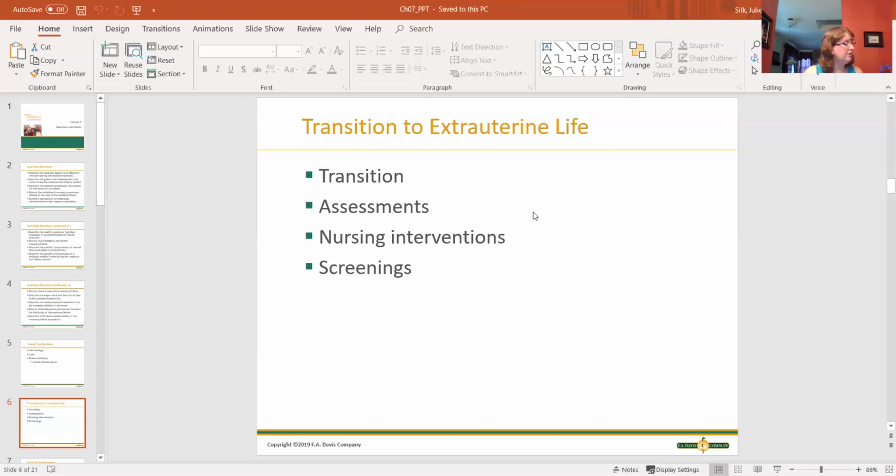And then with the circulatory system, once the cord is clamped and they take their first breath, you start to see some things happening. The ductus arteriosus between the pulmonary artery and the aorta is going to start to change. The foramen ovale is the connection between the right and the left atria, and then there's the ductus venosus in the hepatic system.